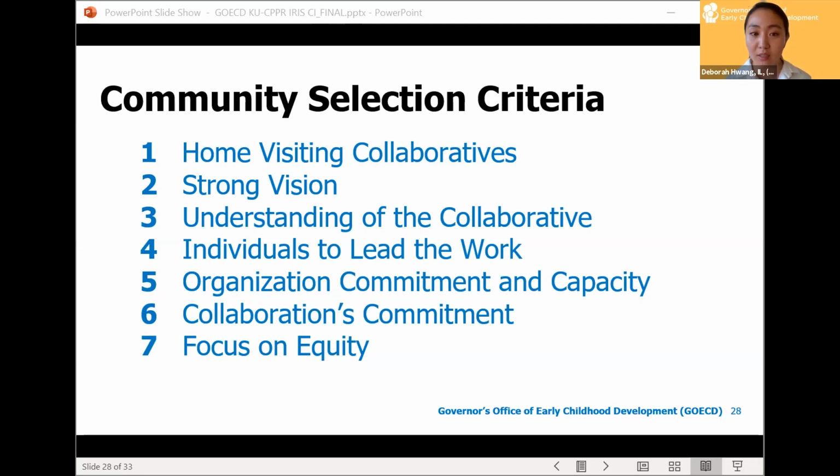Some of those key indicators for us were collaboratives that already have an established and robust home visiting community/collaboration, as well as voluntarily already implementing coordinated intake processes or with a strong interest in doing that. And then already having folks in their community that are doing the work that aligns well with the IRIS leadership roles and responsibilities.